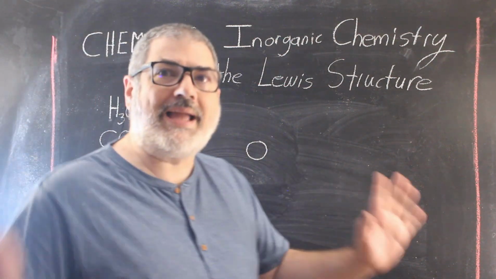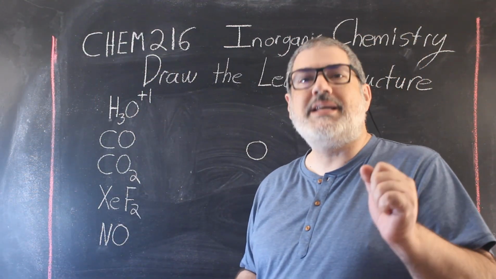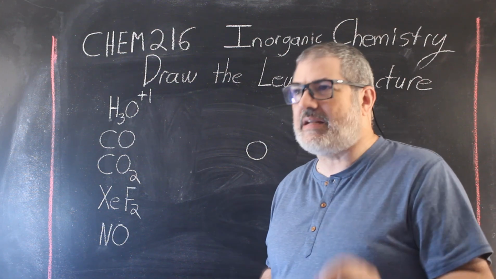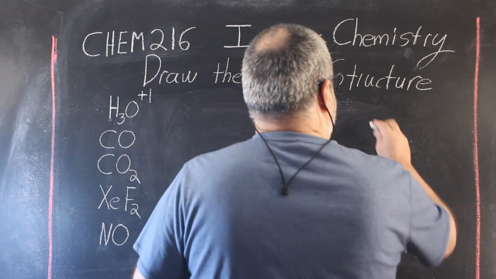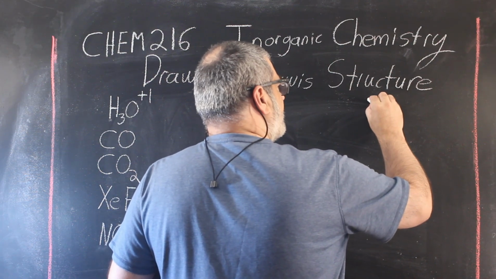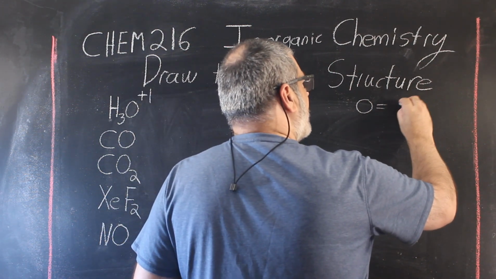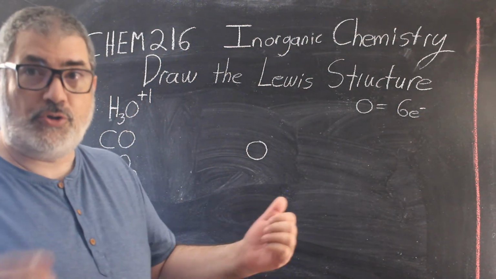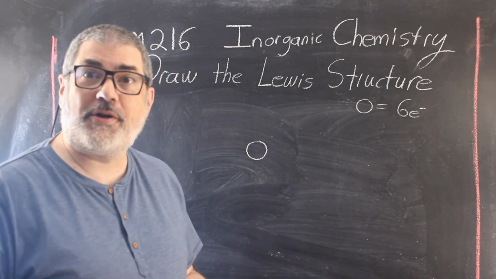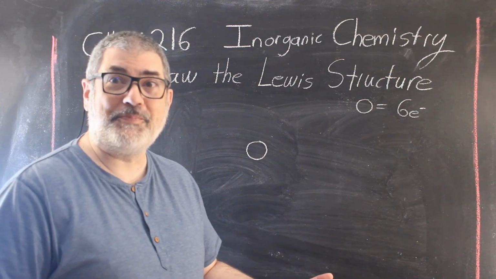But before I can do any of that, I need to do the electron count. And again, this is something where it's so easy to forget the fundamentals. So off to the side, we have oxygen. Oxygen has 6 valence electrons. Do you remember what valence electrons means? If the answer is no, that means you're in trouble.